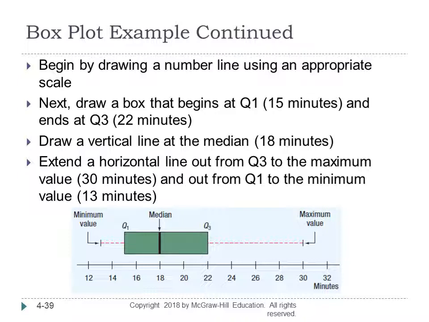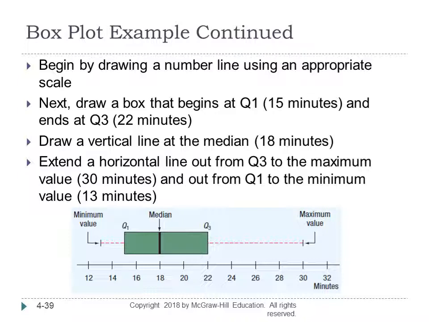The next thing, you want to locate the median, and you can draw a line inside the box that represents the median. The median will be between Q1 and Q3. The location of the median depends on the data that you have. It could be more to the right, or to the left, or in the middle, depending on the data.